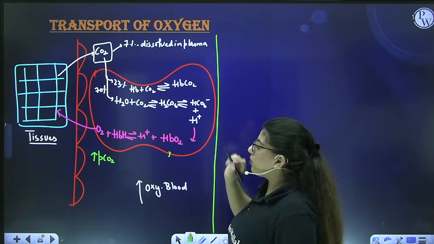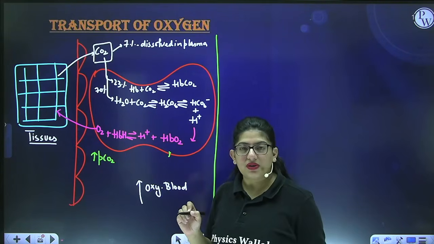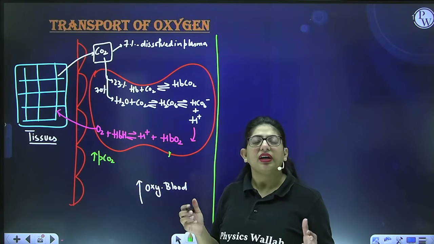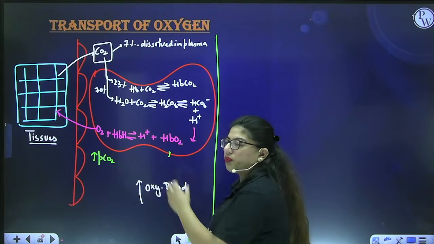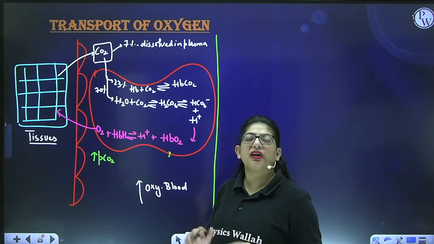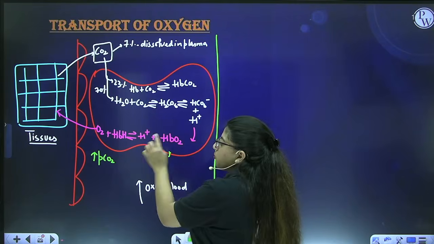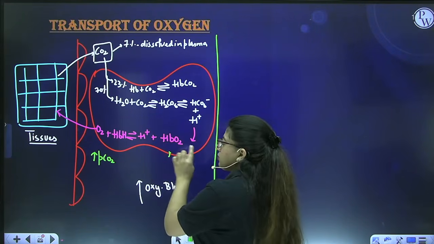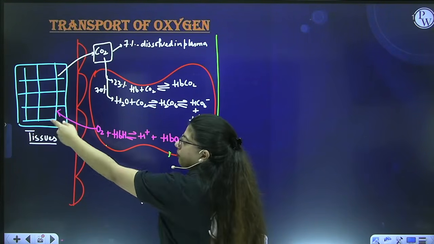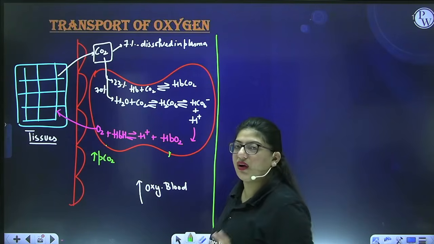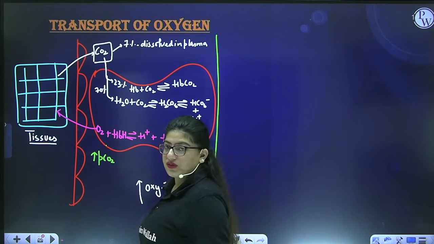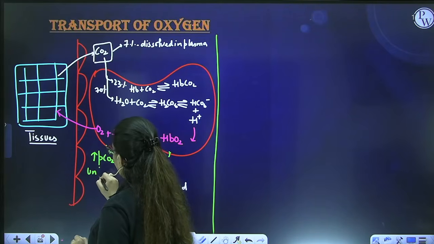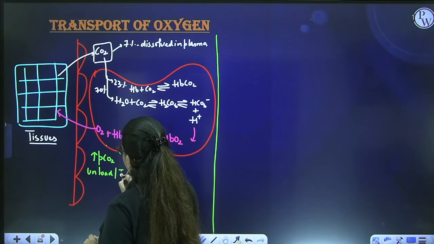Now when H positive ion came, what is H positive ion? Imagine you are unloading the bricks here and picking up the cement from here. So now H positive ion is cement and oxygen was brick. You are unloading the bricks and loading the cement now. So by increase in partial pressure of CO2, it leads to unloading and transport of oxygen.